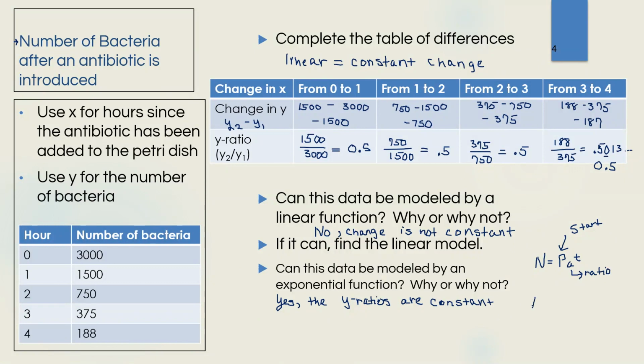So I can very easily write this formula for this because of that constant ratio. At time 0, this Petri dish started with 3,000 of the bacteria. And then we have our common ratio of 0.5 to the exponent T. So they were multiplied by 1/2 every single hour to get the new value.